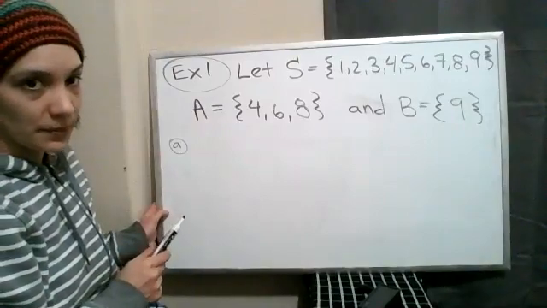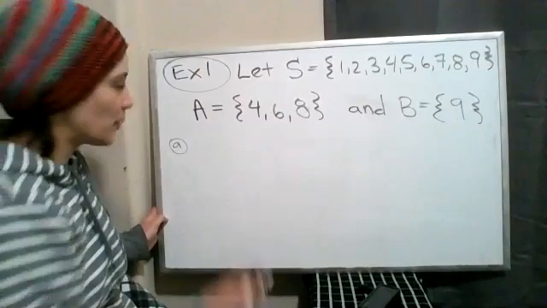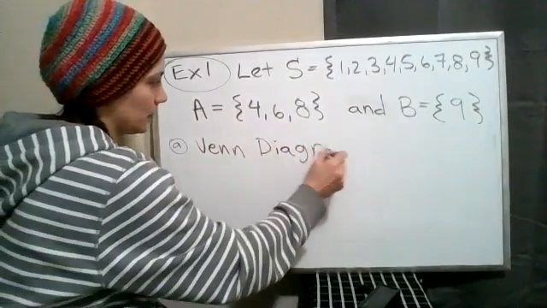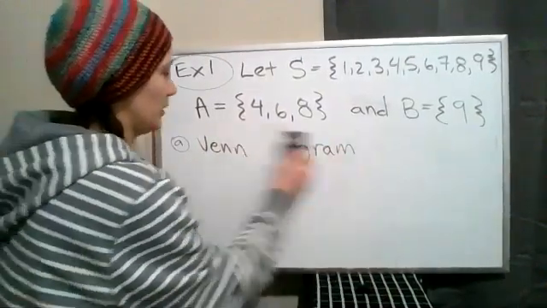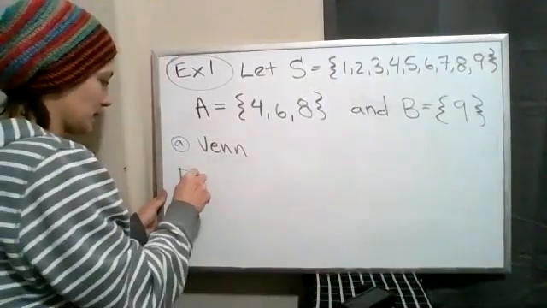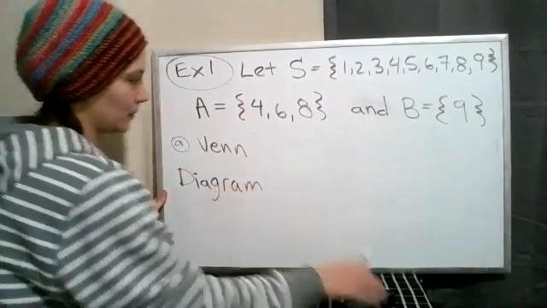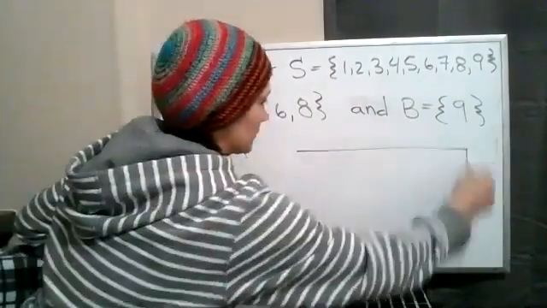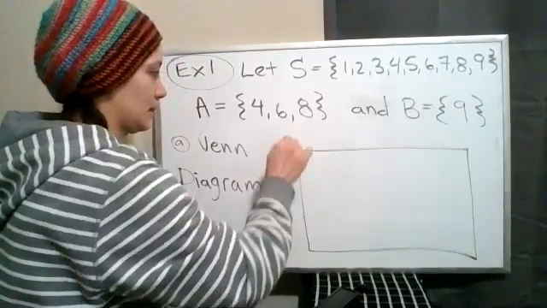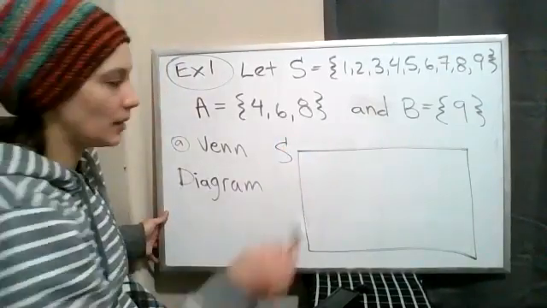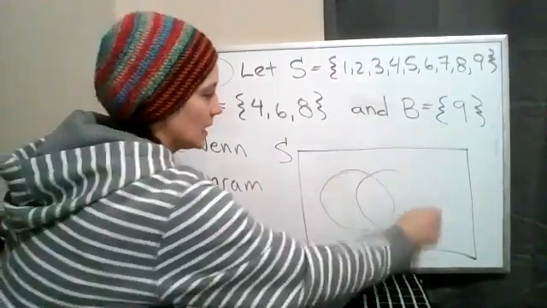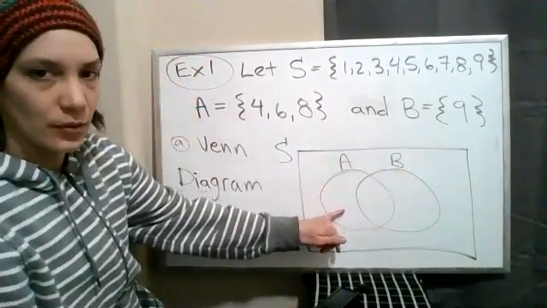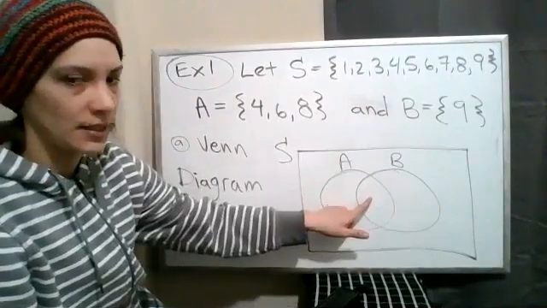We're going to draw a Venn diagram just for a good visual of the problem. We have the full space, S. The sets A and B, I am going to draw them overlapping just in case. 4, 6, 8 will be here, 9 over there, and the intersection is going to stay empty.